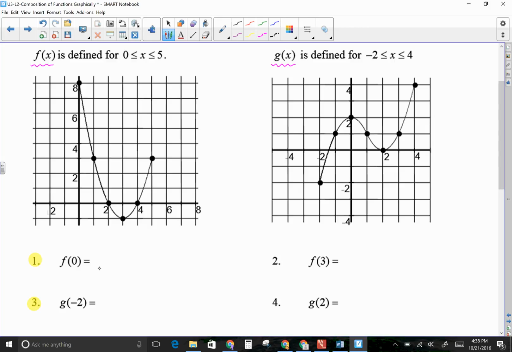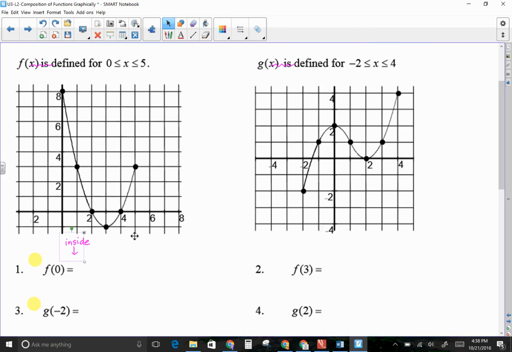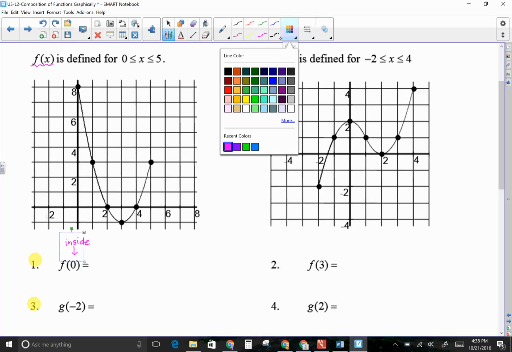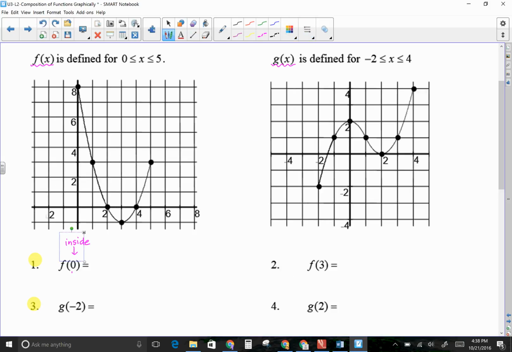Okay, f of 0. This number inside the parentheses, and we have always talked about which between x and y applies inside the parentheses, and that is x. So this is x, f of x.